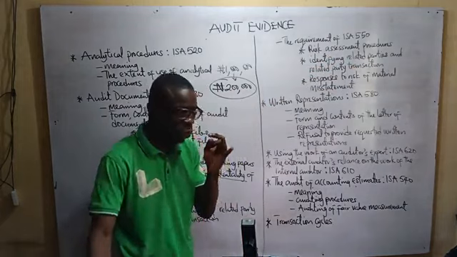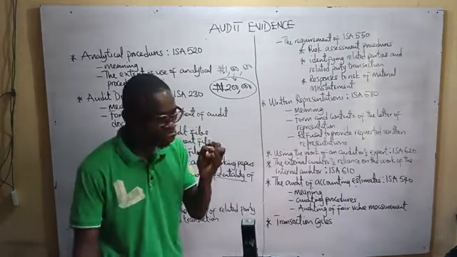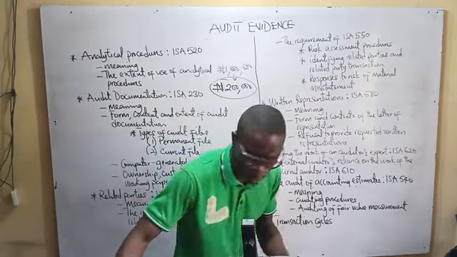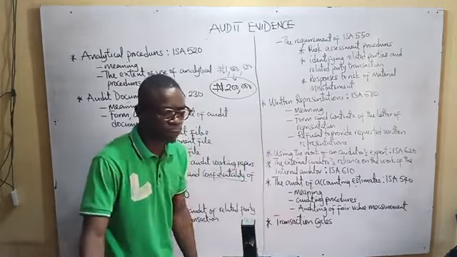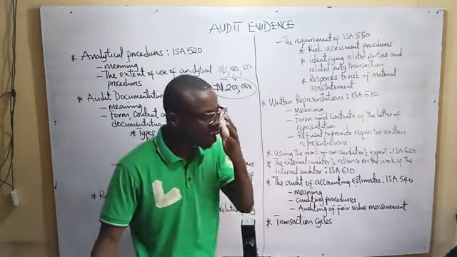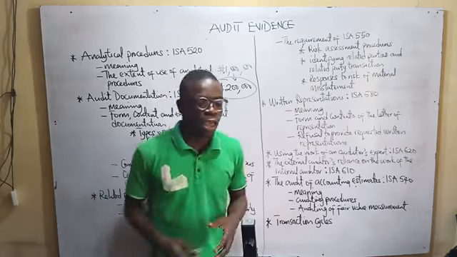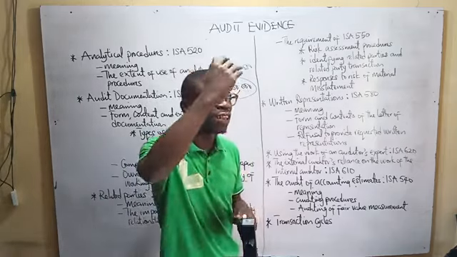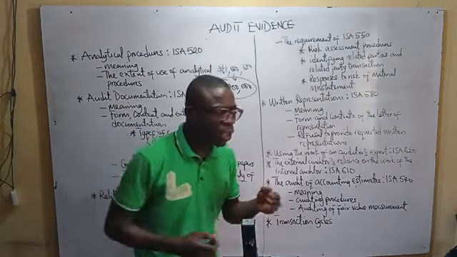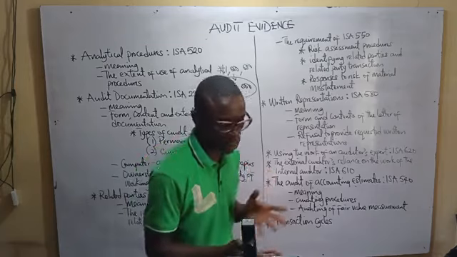Two, don't forget we are looking at the risk assessment procedure. The number 2 procedure that the auditor will also look at is to make inquiry from the management. Making inquiry from the management is to enable him to identify who the related parties are.